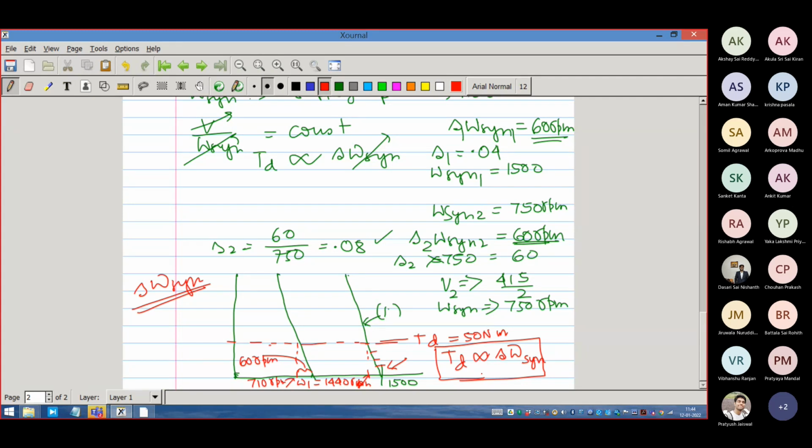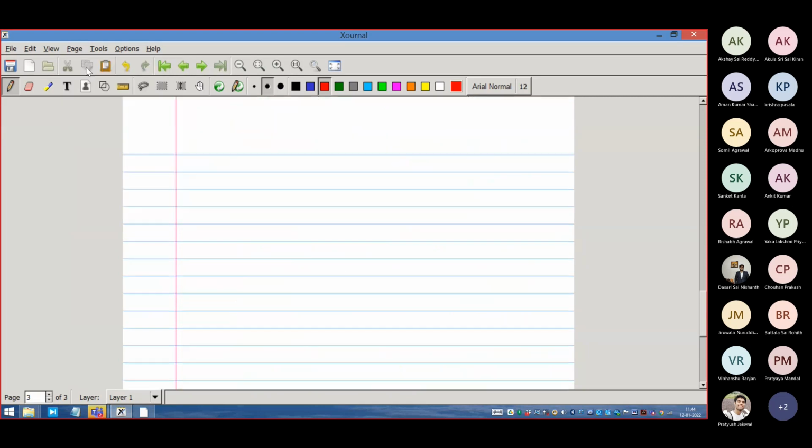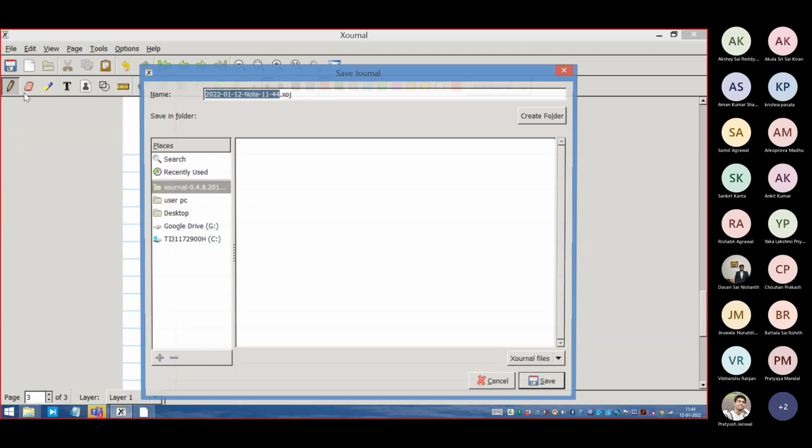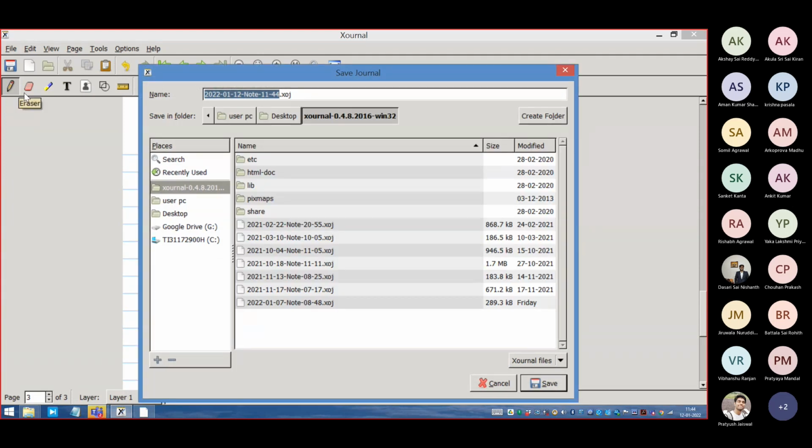Suppose that example, let me take one page and draw it a little bigger. I should not have drawn that to confuse you. This is not our characteristics. Our characteristics is this.